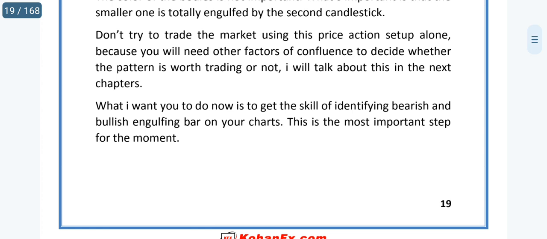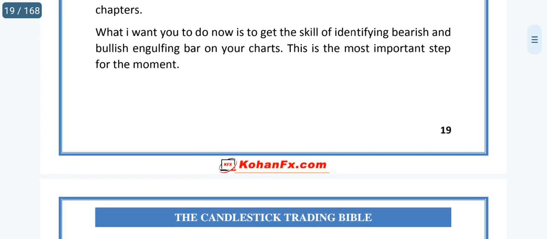I'm going to talk about this in the next chapters. What I want you to do now is to get the skill of identifying the bearish and the bullish engulfing bar candlestick patterns on your charts. This is the most important step for now.